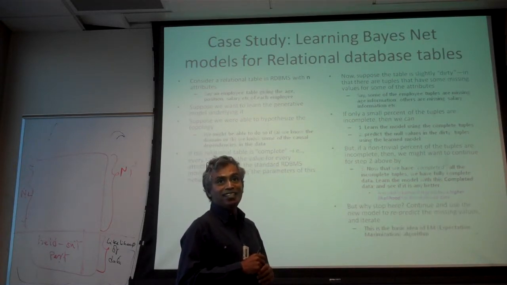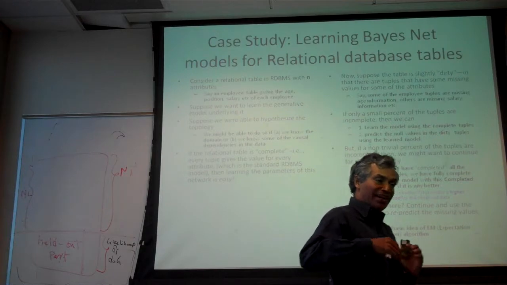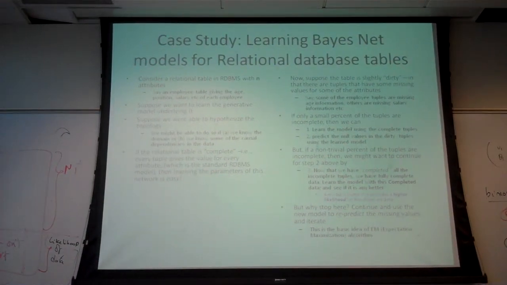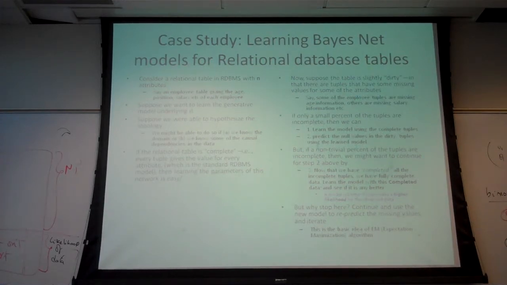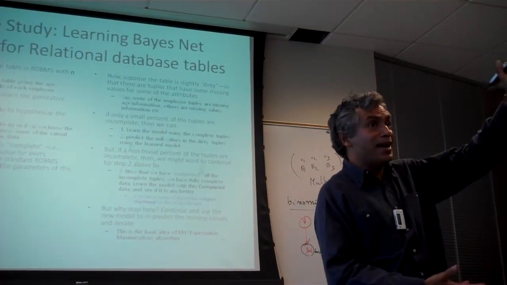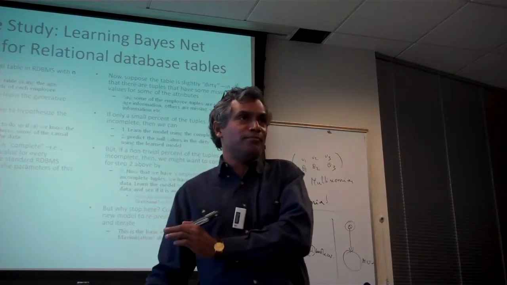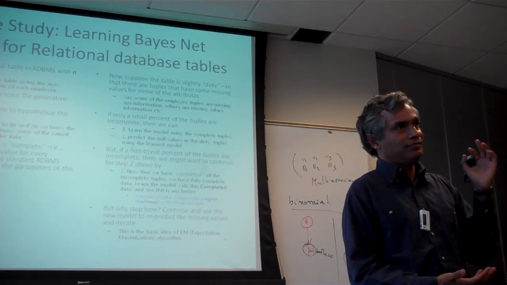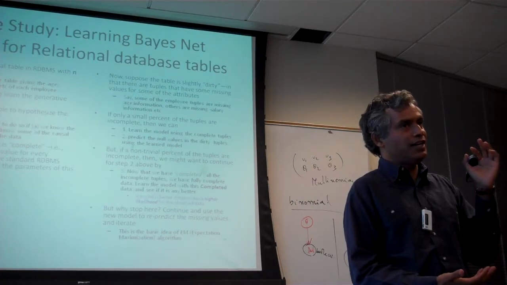You can now say, I have a better complete data from which I learned the model. Previously I completed some of this incomplete data with a wrong model. Now I have a better model, so let me recomplete them and then relearn the model. Do you see what I'm saying?